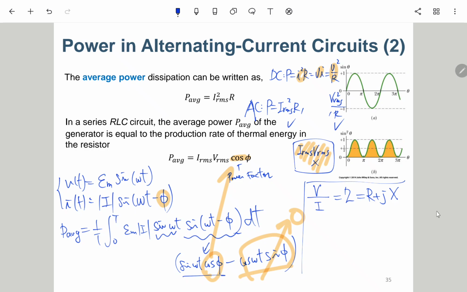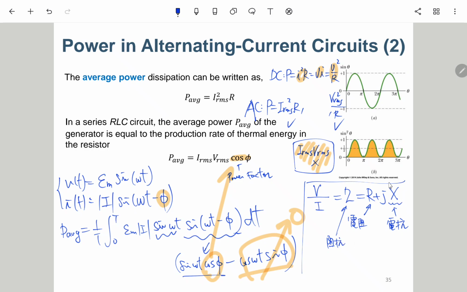In circuit theory, we define this imaginary part to be X. 这个是电阻嘛，这个是电阻，这个叫电抗. And this Z, in Chinese it's called 阻抗.